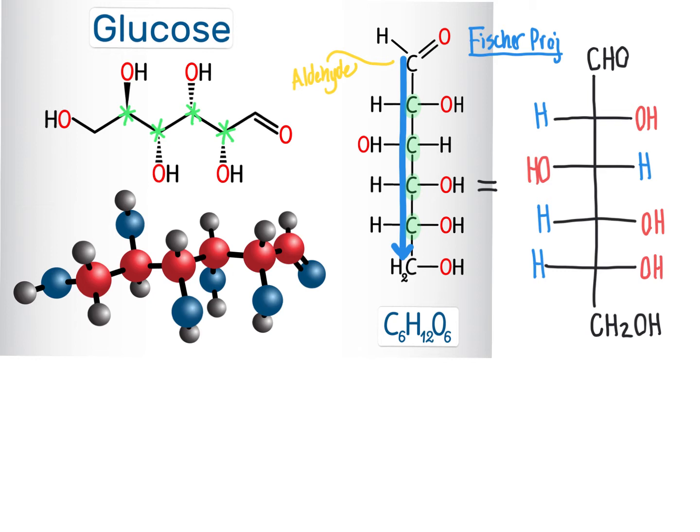Now, what can we discern from the stereochemistry here, and how can we look at different molecules and relate those based on the stereochemistry? The first thing that we will discuss is how to determine whether a sugar is a D sugar or an L sugar. So how to determine D versus L configuration of the sugar.